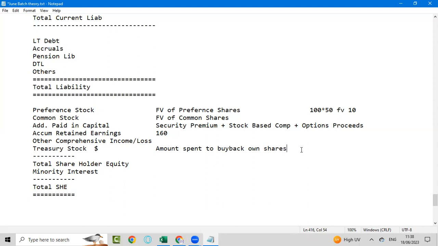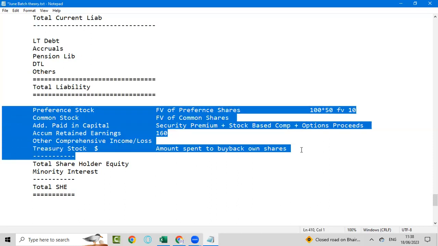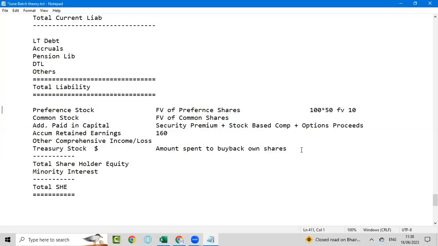In the first year, let's suppose you purchase shares for 1200. Then in next year you purchase for 1500. Total amount that is 2700 will come here. So if you add these, you will get shareholders equity. Next we have minority interest.